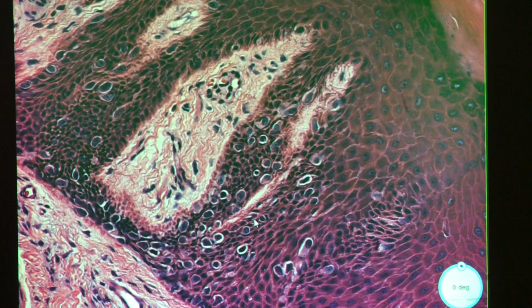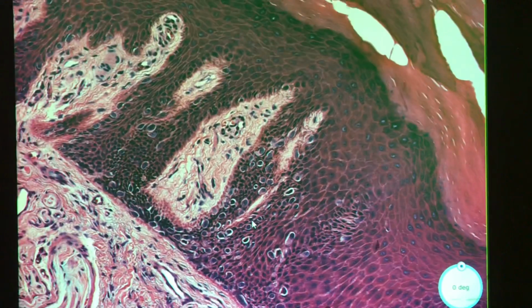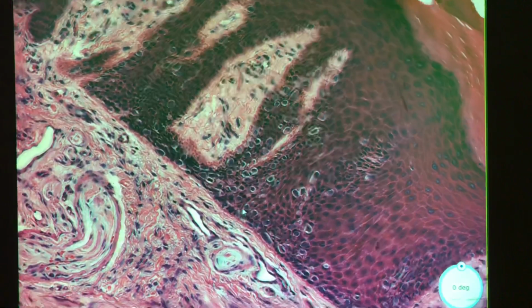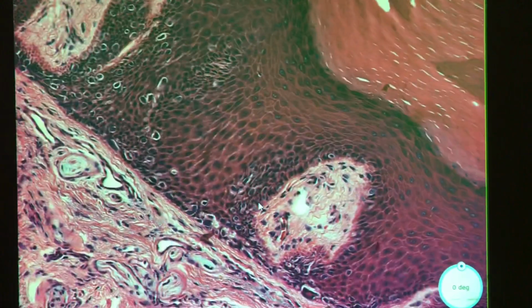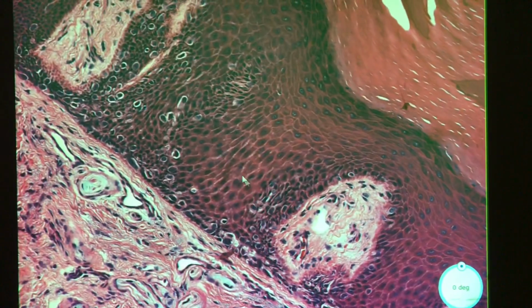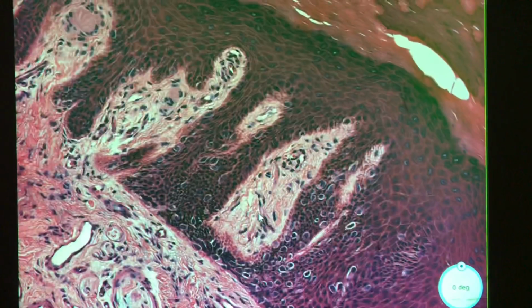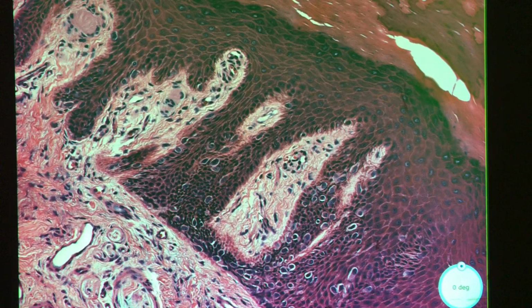Maybe I should say where in the epidermis. This one is more basilar. The other one has such a thin epidermis that it's hard to tell, but it seems like it went pretty much all the way up. Yes, but the feature with this is basal melanocytes.